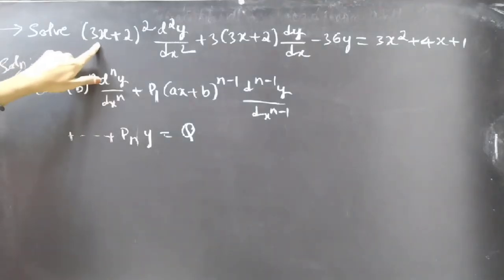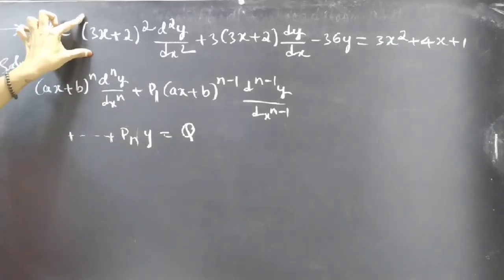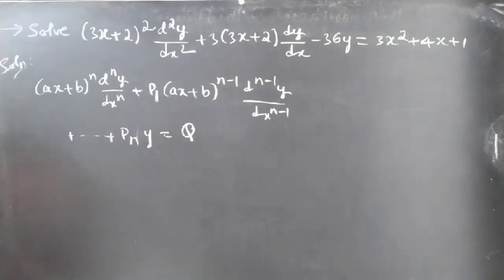We are given a differential equation of this form, so this equation is called Legendre's equation, right? Fine. Now we'll reduce this Legendre's equation to a linear differential equation with constant coefficients by making some substitution. So let's begin the problem.